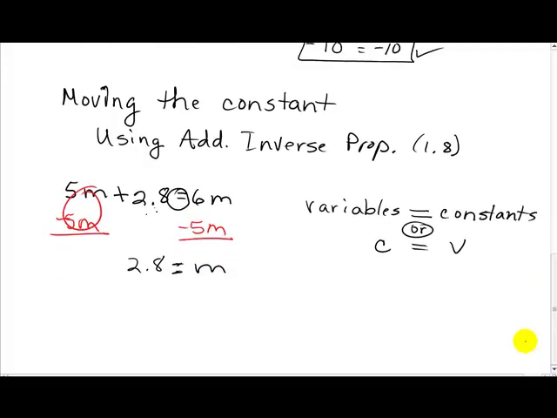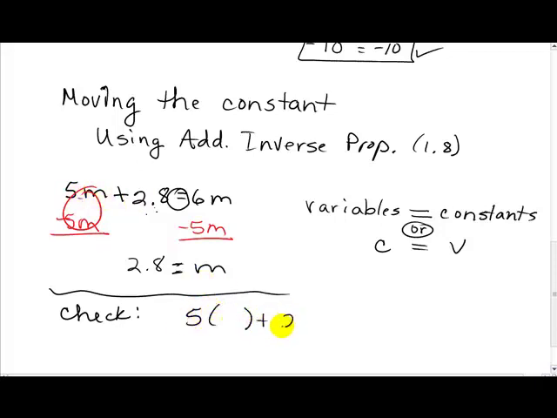These will take a little bit longer to check. I'm going to use parentheses because it's being multiplied. 5 times 2.8 plus 2.8 equals 6 times 2.8.